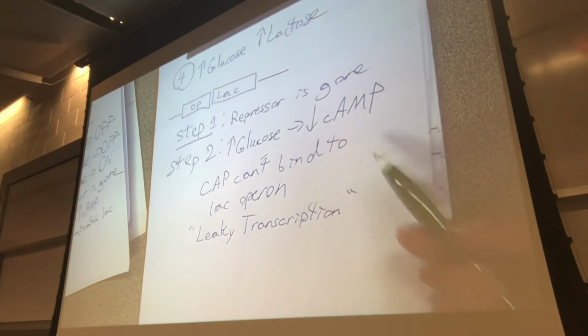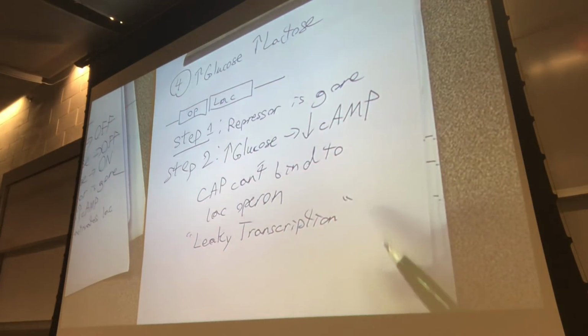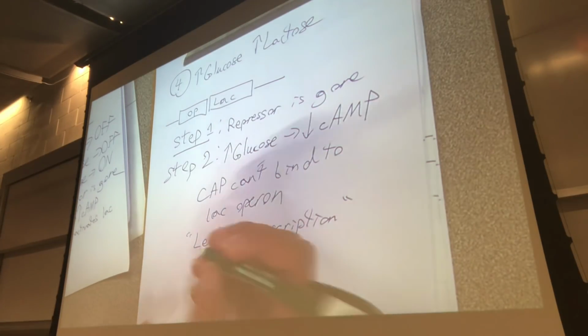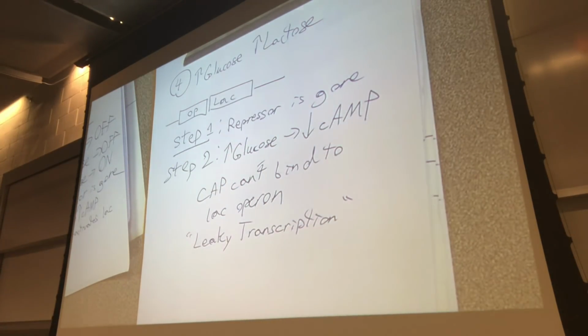So, although the lactose caused the repressor to be removed, it's only transcribing the operon at a very slow rate, mostly because there's plenty of glucose for it. So this term to describe some transcription, but not the maximum rate of transcription, is leaky transcription. That occurs only when the bacteria is exposed to abundant glucose and lactose.